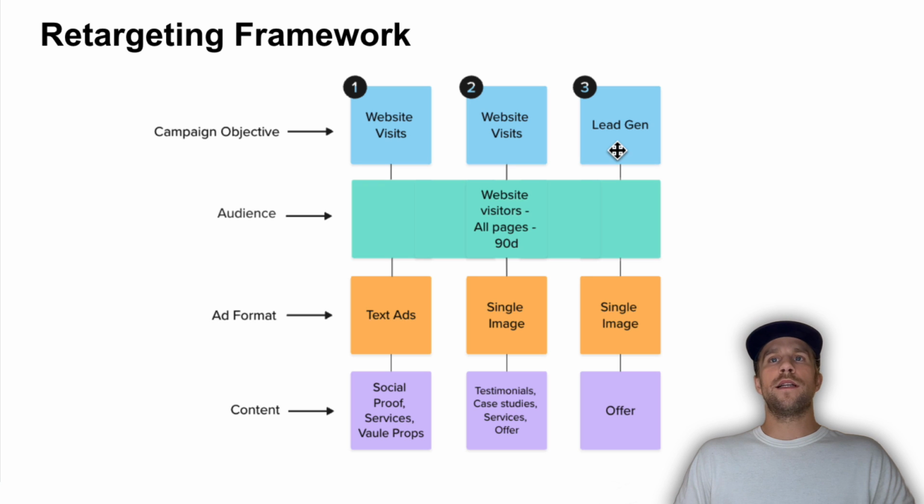And the third one is going to use a single image ad, but when you click on that, it's going to natively pull up a lead gen form within LinkedIn. And this is just some content that you can use in your ad. We're going to be using a mix of social proof. You can use your key services. You could put a more conversion focused offer in front of your retargeting audience. But this is the framework that we're going to follow.